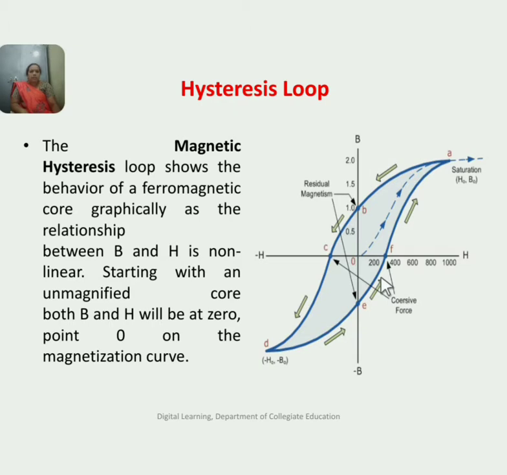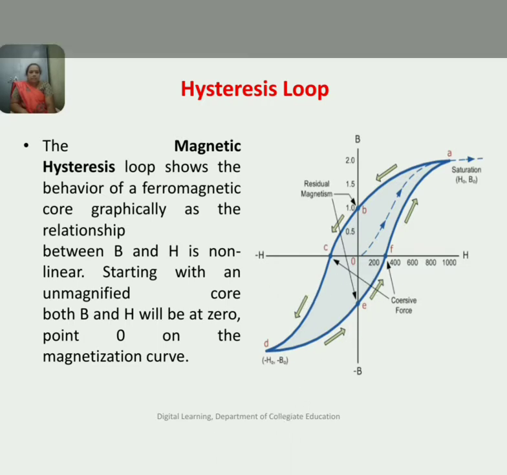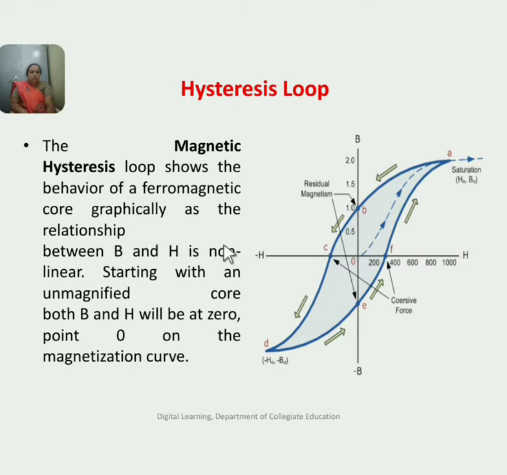See here in this figure, all ferromagnetic materials exhibit the phenomenon of hysteresis. To give a better understanding of the concept, we will take an instance where a ferromagnetic substance is placed inside a current carrying coil.